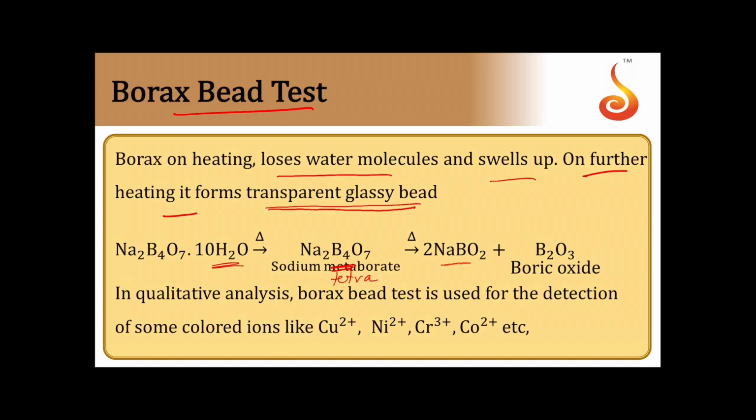In qualitative analysis, it is used for detection of some colored ions like copper, nickel, chromium, cobalt, etc. So the basis of the borax bead test is that borax upon heating loses water molecules, swells up, and on further heating forms a transparent glassy bead. This is the main thing to know the presence of the metal ions.